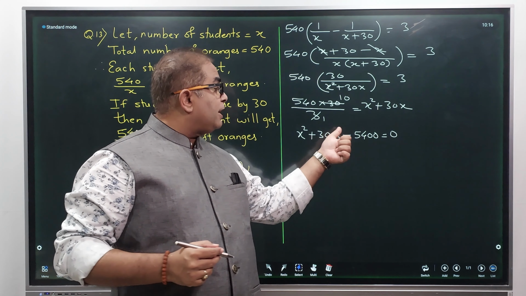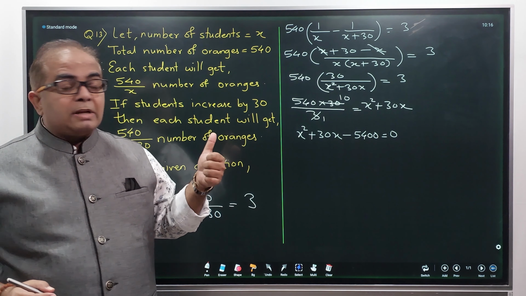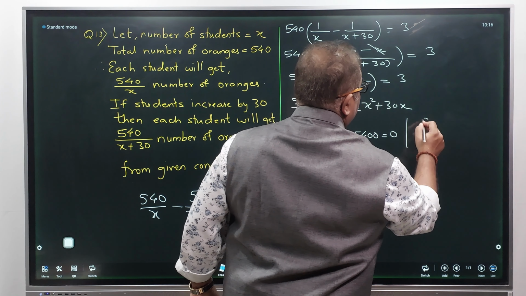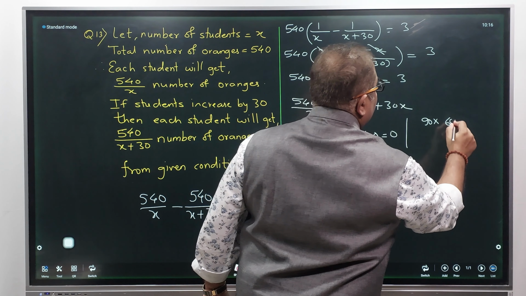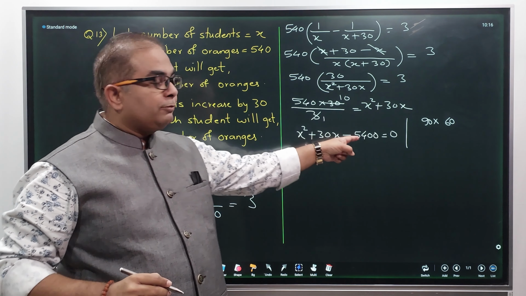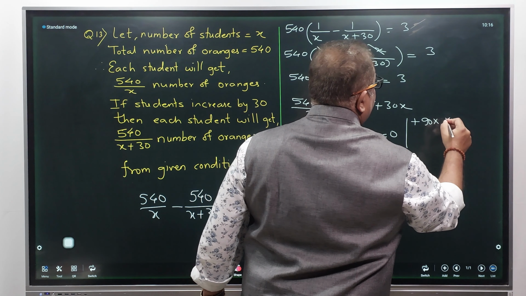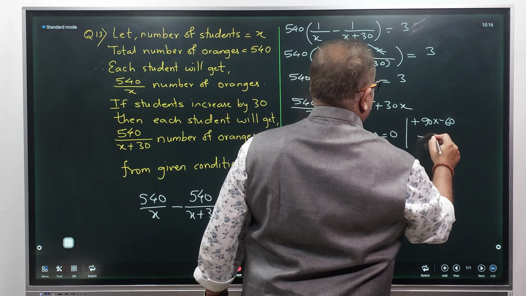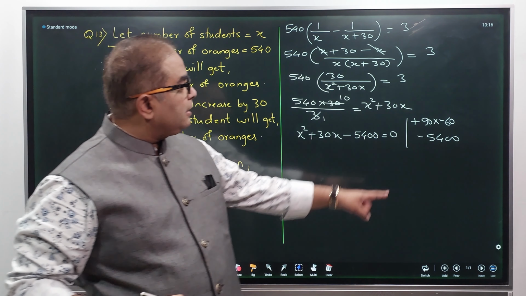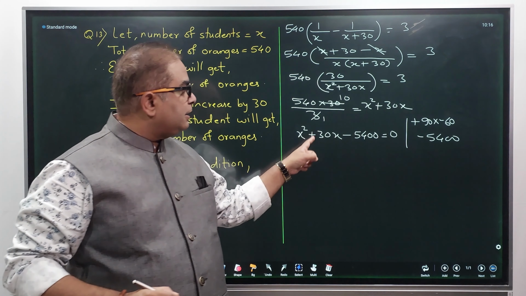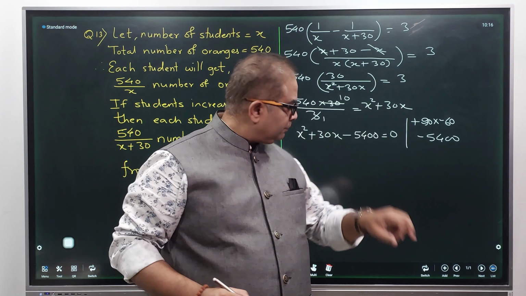Now can you tell me the factorization of 5400 such that the difference is 30? 9 6 are 54. Correct? So if I make it 90 multiplied by 60, it would give me 5400. I want plus 30, so I would say plus 90 minus 60. This is the factorization of minus 5400. Here 90 minus 60 is 30, and minus 90 into 60 is minus 5400.